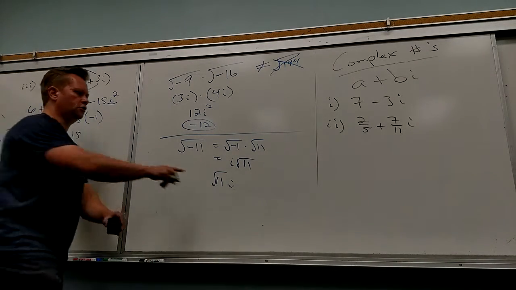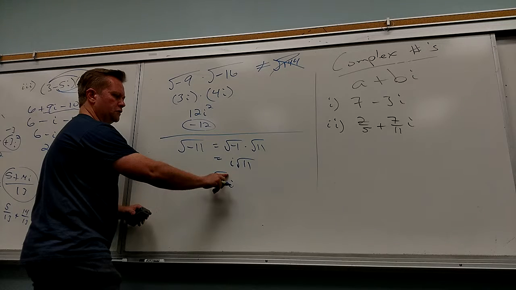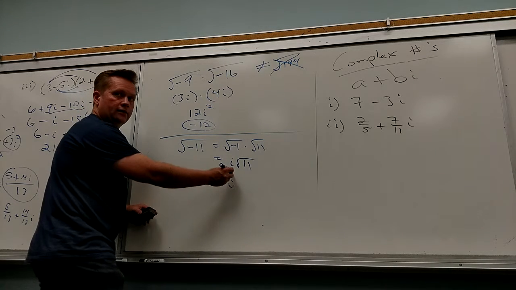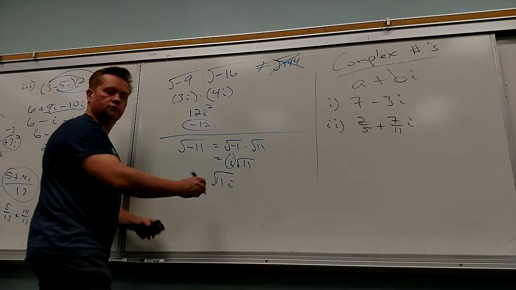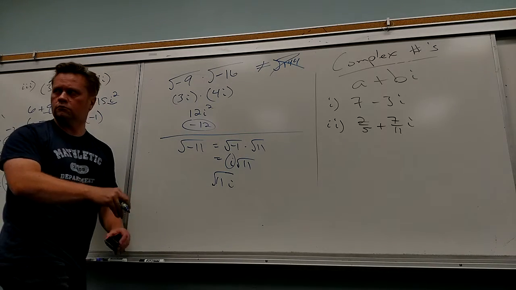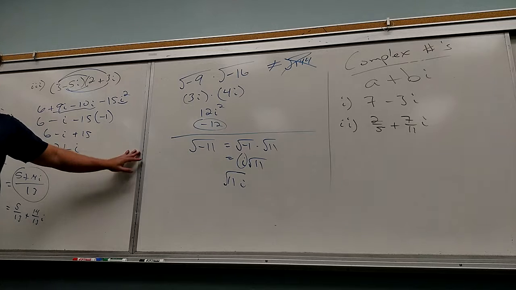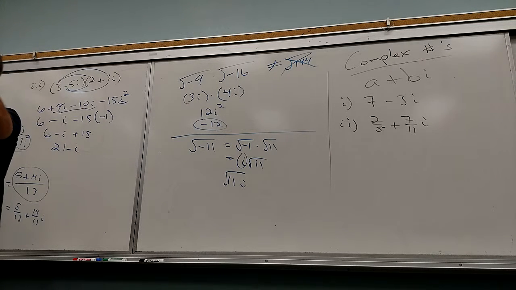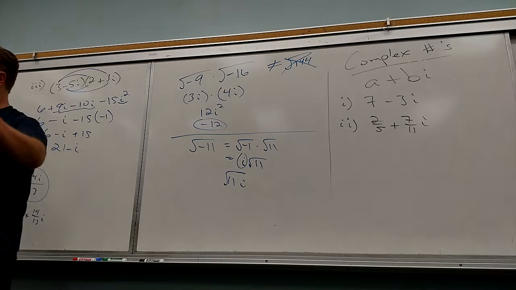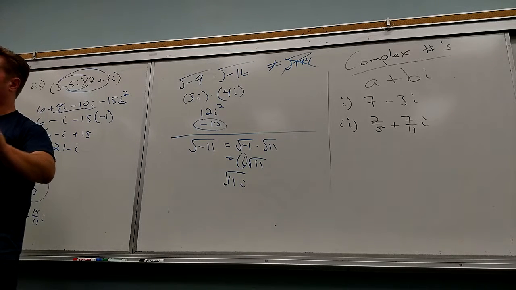Anyway, you don't normally put that after the square root symbol because it looks like it's inside, so you just put it out front. Any radical that has a negative inside of it, you immediately take the negative out and write it as i. It just makes it easier to look at and work with.